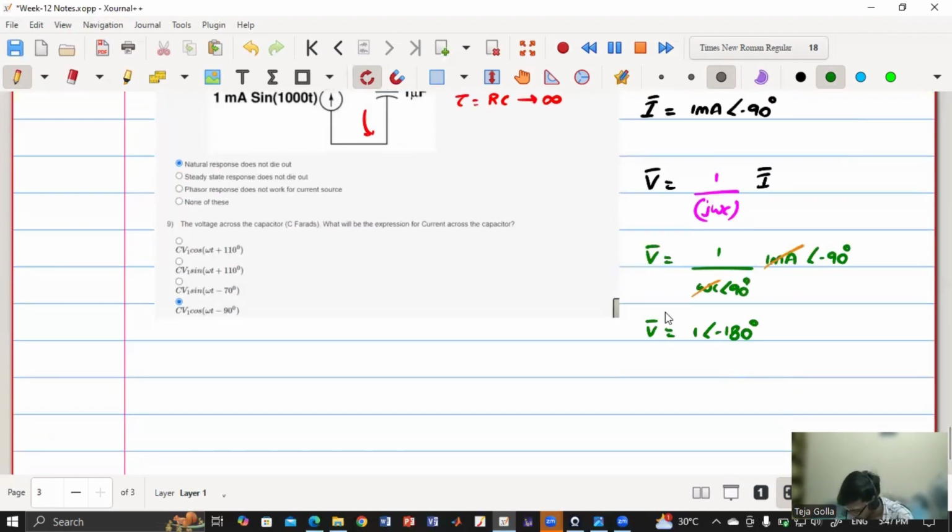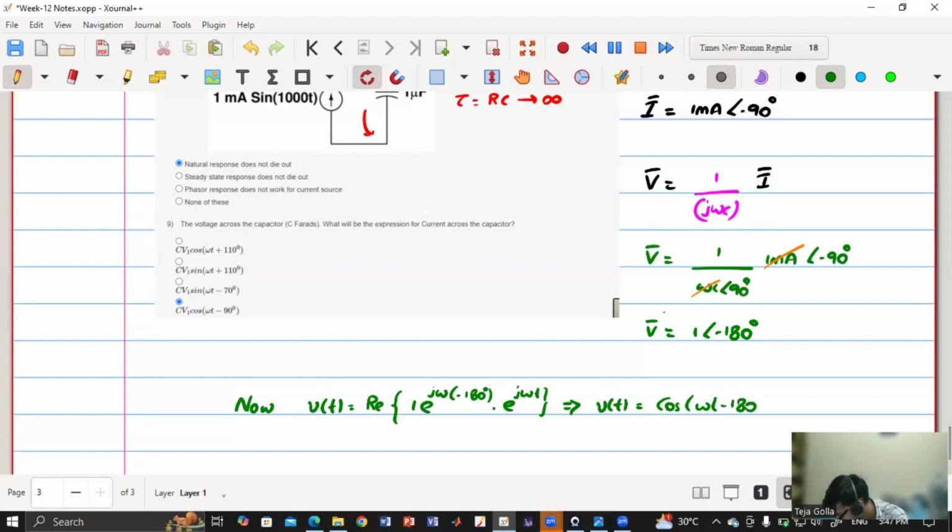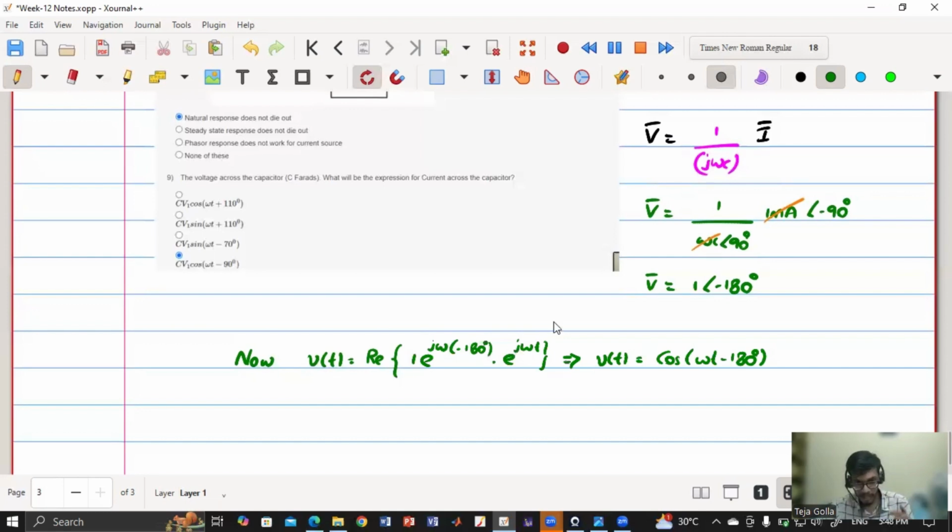Now V of t is equal to the real part of the V phasor, which is 1 into e to the power j minus 180 degrees into e to the power j omega t. So V of t is equal to cos omega t minus 180 degrees. You'll get something like this, but I'm not sure what exactly they're asking. If they have asked for V of t, this is the way to calculate. At least is this clear?